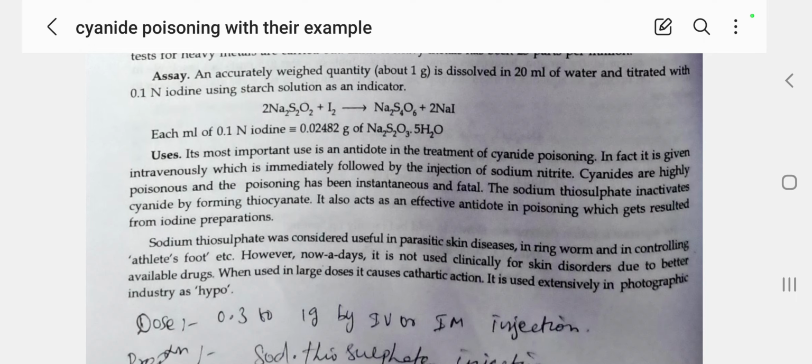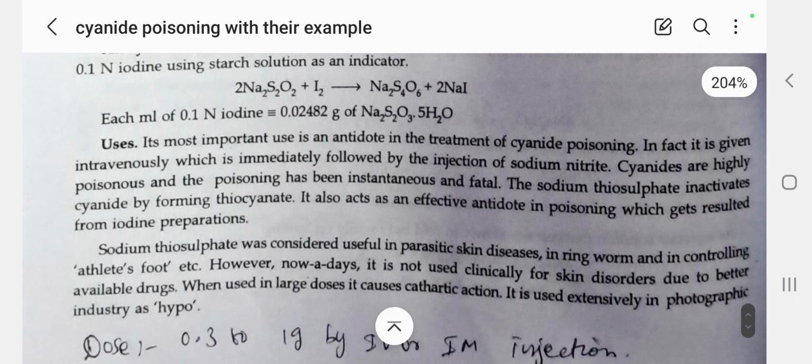It is given intravenously, immediately followed by the injection of sodium nitrite. Cyanides are highly poisonous and the poisoning can be instantaneous and fatal. Sodium thiosulphate inactivates cyanide by forming thiocyanate. It also acts as an effective antidote in poisoning resulting from iodine preparations.